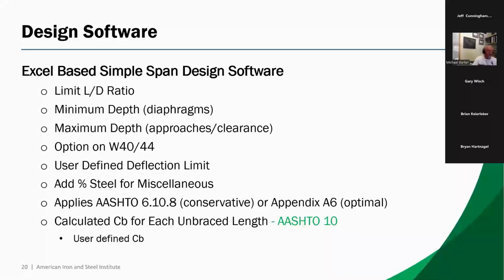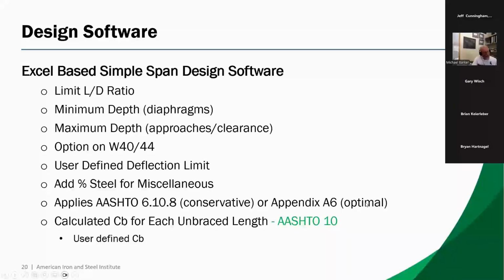We know there are W40 and W44s out there, but they're only made by one producer, and so those can be more expensive. So you can have an option on that. Yes, I want to consider them or not. Deflection limits, very important for states, but maybe counties can live with a deflection a little bit larger than L over 800, and so you can define your own deflection limit, and you can put in a percent for miscellaneous steel for the diaphragms and things like that.